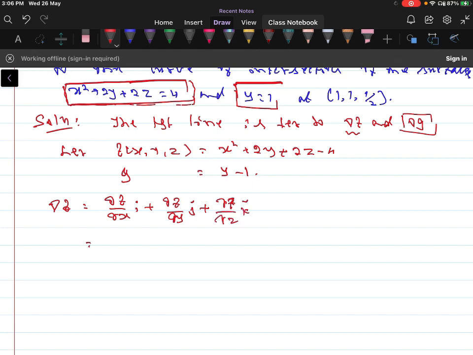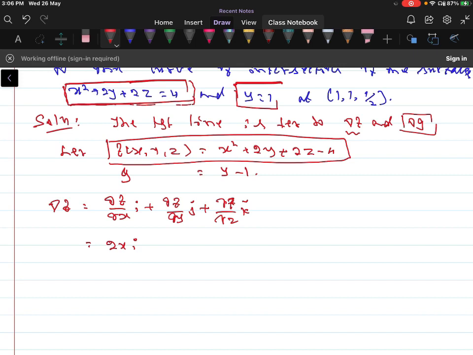So this is equal to gradient of f, where dou f by dou x: just differentiate function f partially with respect to x, treating y and z as constant, x square differentiation is 2x i cap.